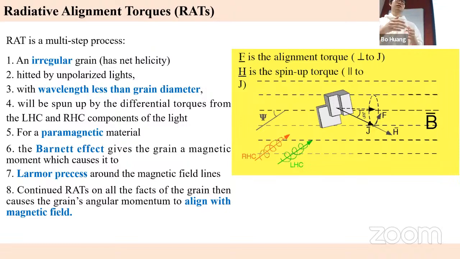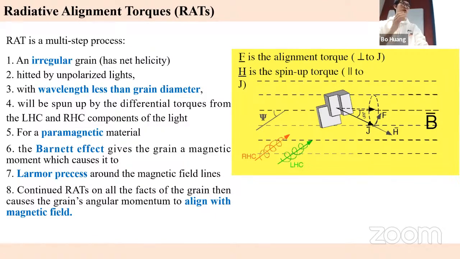That means the light imparts a torque on the grain and makes it spin.